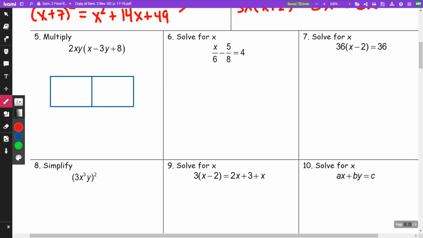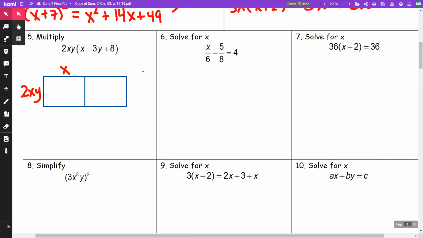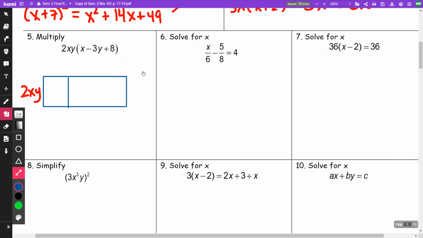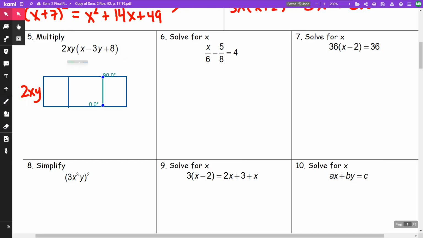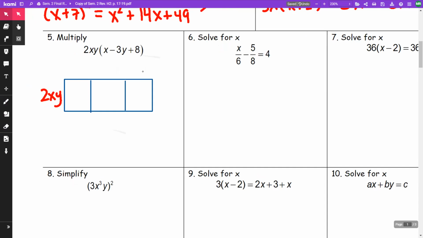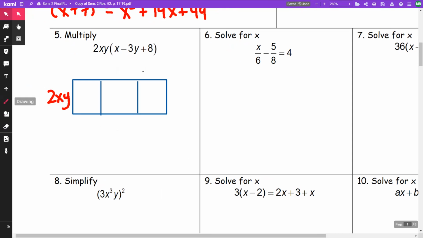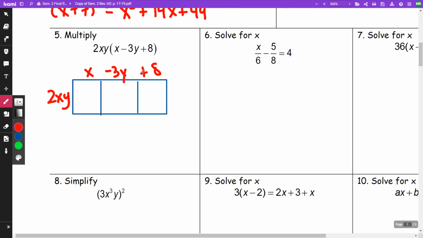So when I'm doing this, this is going to be, sorry, a 1 by 3 box, because I have 3 terms here. So that's going to be a 2xy times x minus 3y plus 8.